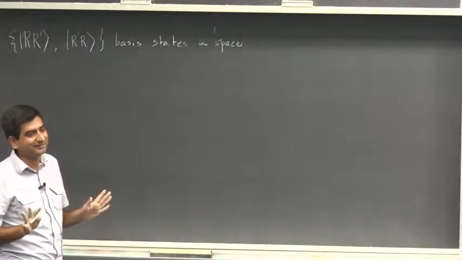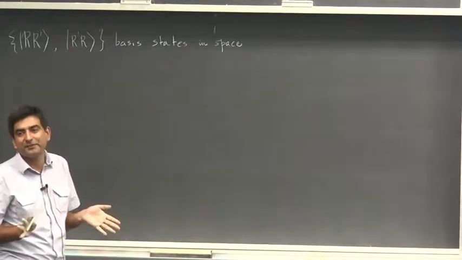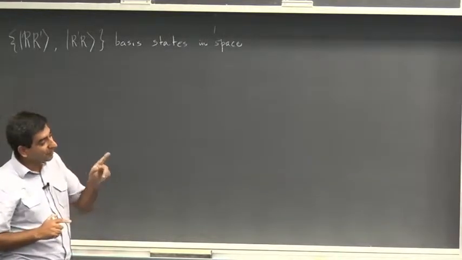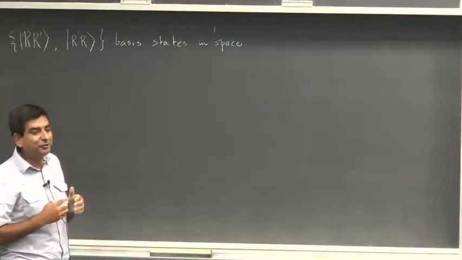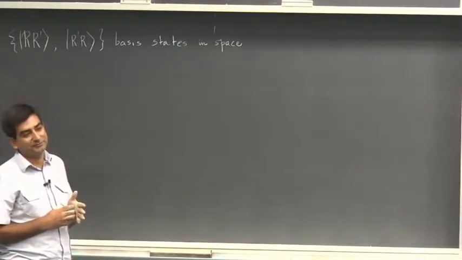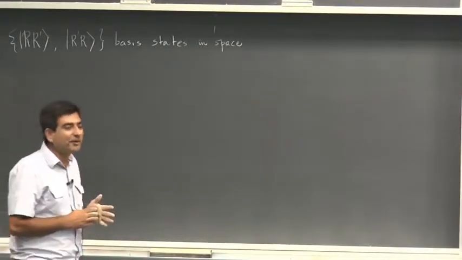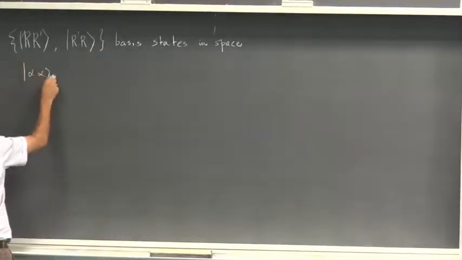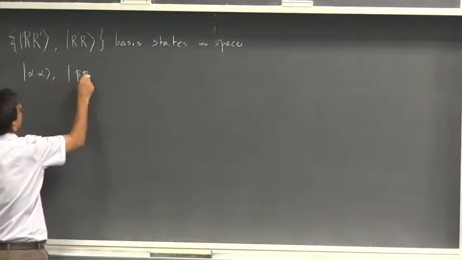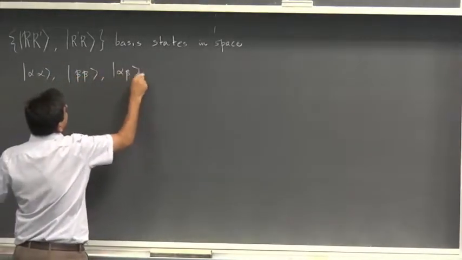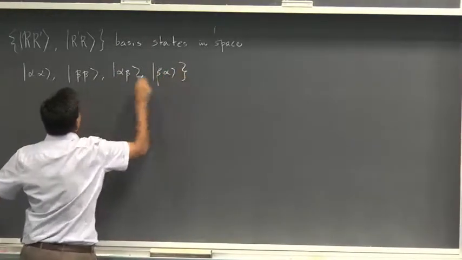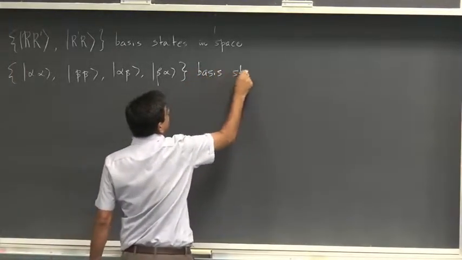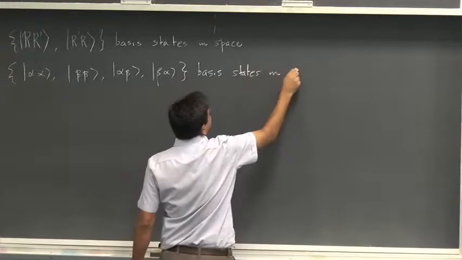Remember that. It only has spin terms. So I don't care about the spatial basis states for H_J. I need to define a set of basis states in the spin manifold. So what I do is I define the states αα, ββ, αβ, and βα as my basis states in the spin space.